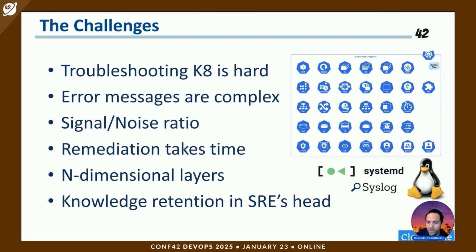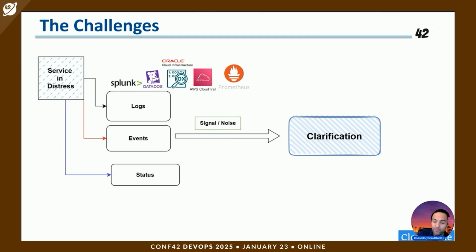Pretty challenging, I must guess. And as shown here, once the failure happens, we have only a limited window to filter the signal through the noise. And God knows we have a lot of noise sometimes to get the clarification, right? So this is the kind of conundrum SREs find themselves in during troubleshooting.